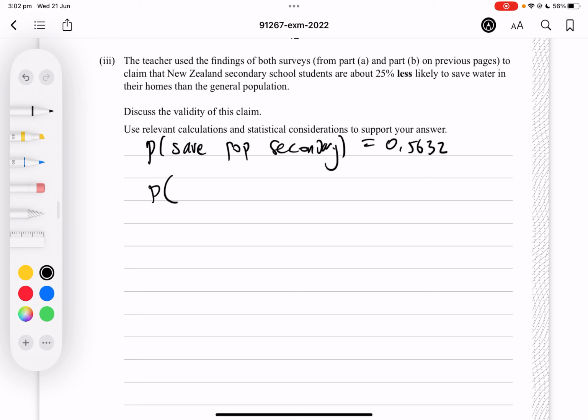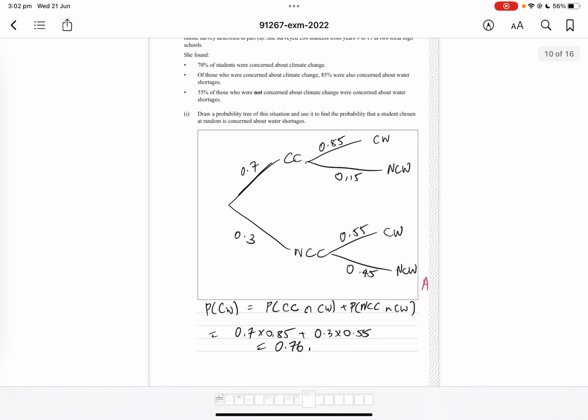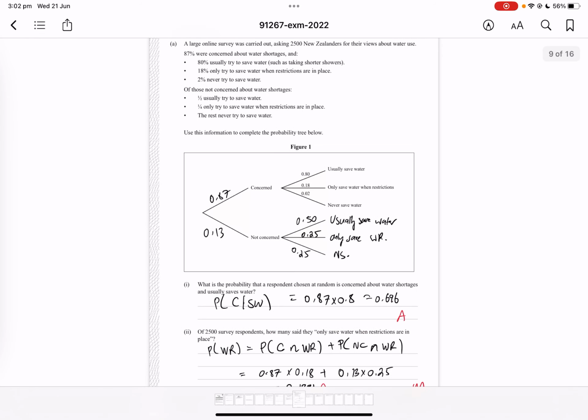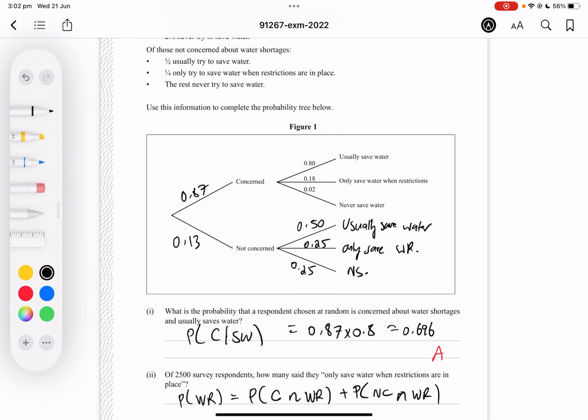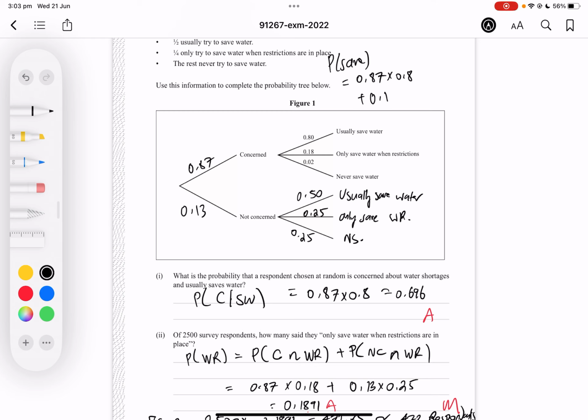And the probability that we're saving in the general survey, P save general, we do need to calculate this one, but we can use our tree diagram on Part A to do this. So P save is equal to 0.87 times 0.8 plus 0.13 times 0.5.